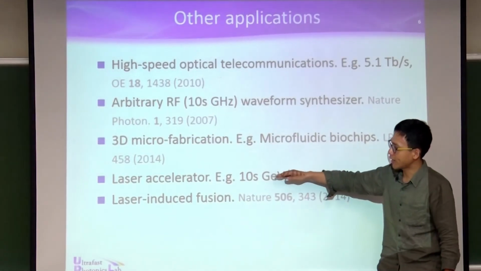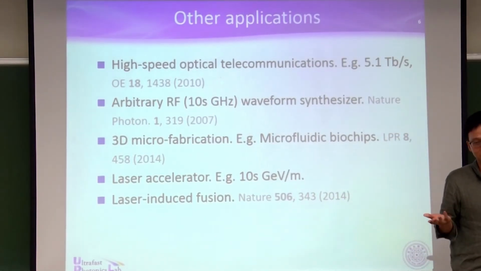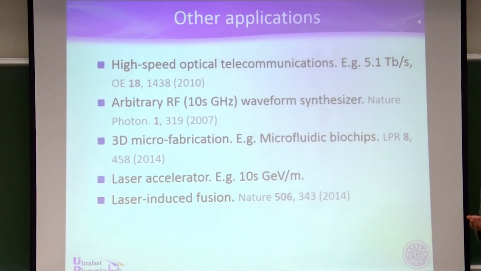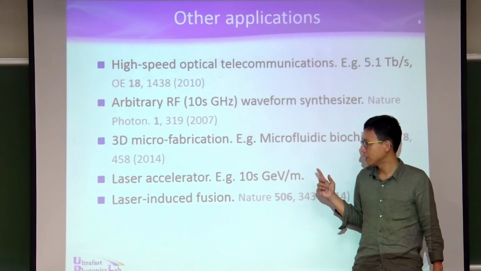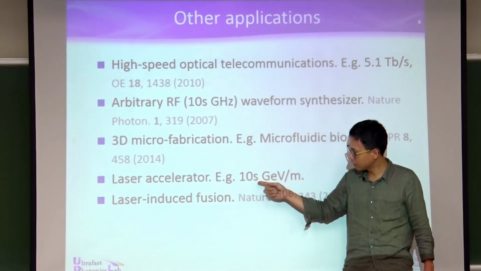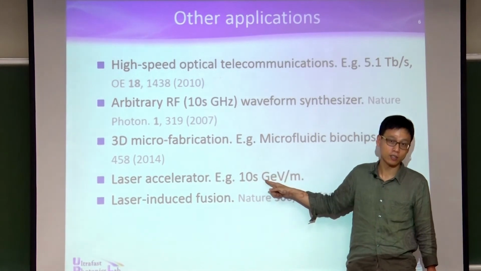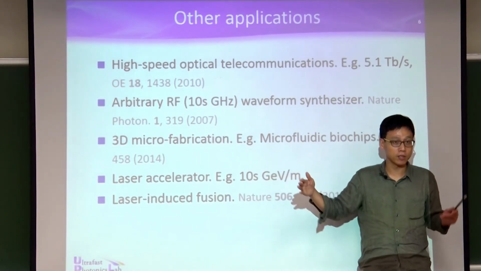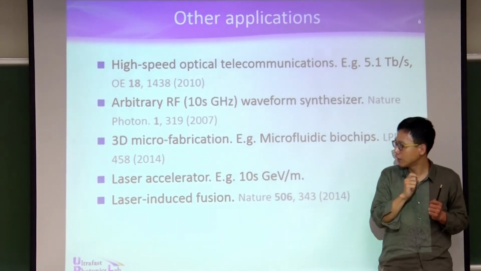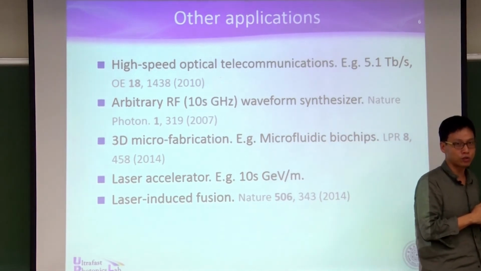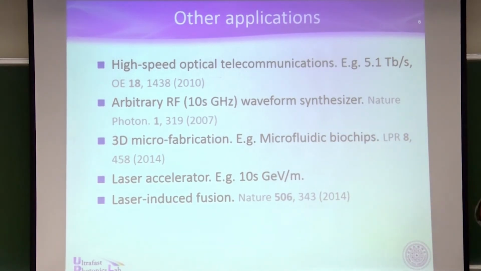Fourth one is laser accelerator. I think it's of interest for the physicist. 物理的人可能很有兴趣，加速器。Fundamental physics, you want accelerator. But traditional accelerators using radio frequency technology, the acceleration could be tens of mega instead of giga electron volt per meter. That means a traditional accelerator with 1 meter length can accelerate the particle to tens of mega electron volt.